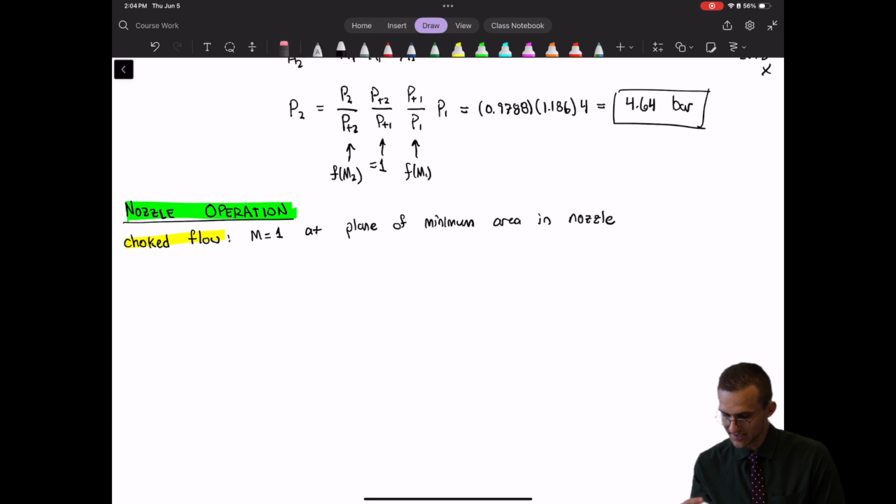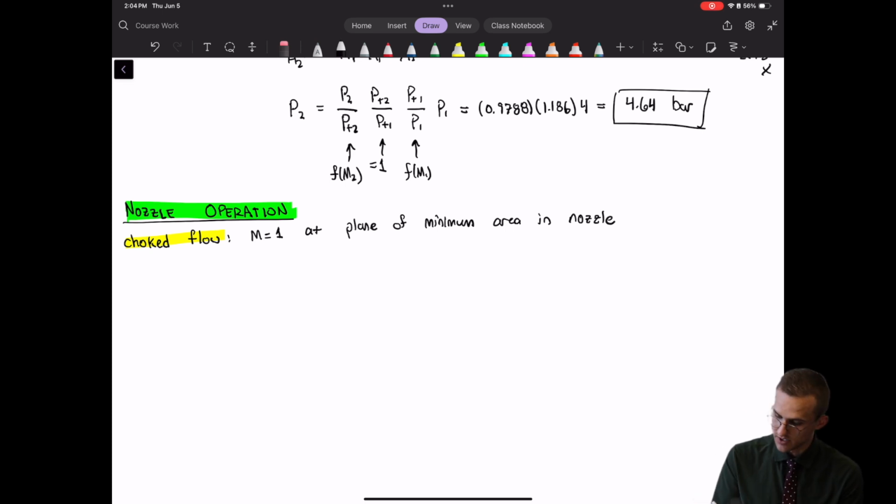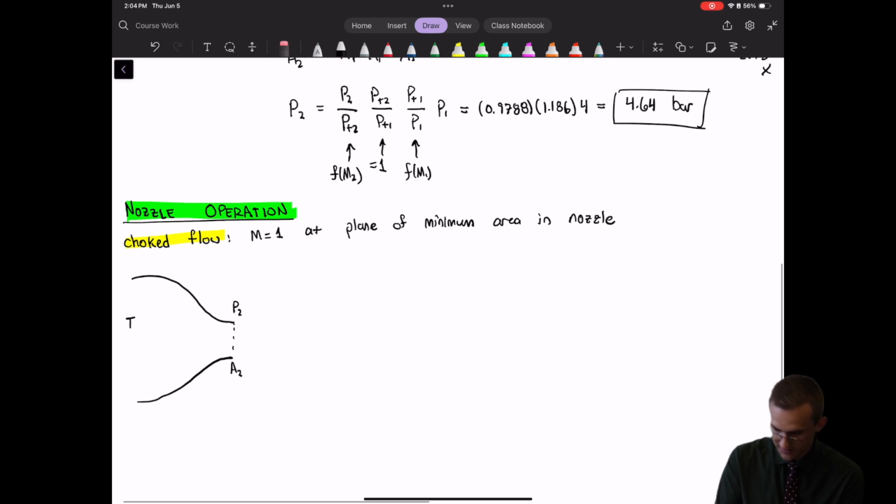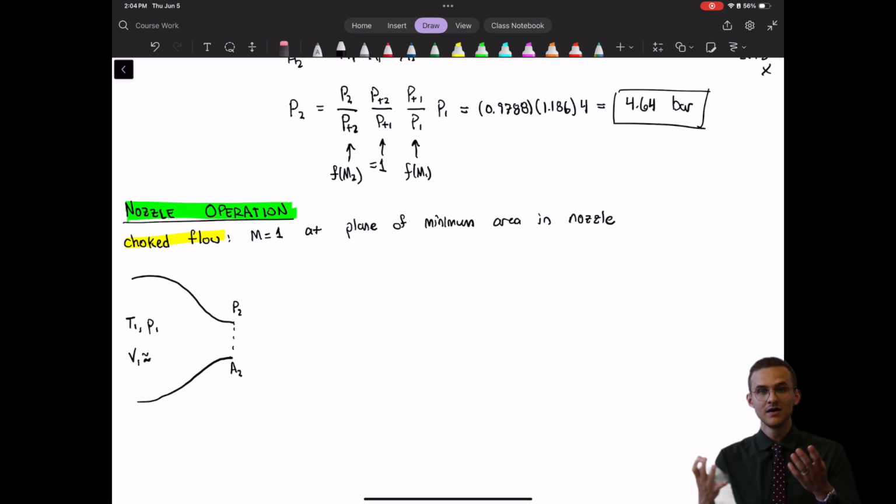Let's recall our discussion about that. What we're going to do is derive the pressure ratio that gives rise to choked flow. Let's draw a converging duct here, and then we'll have state 2 over here where we have P2 and an area A2. Then we have upstream T1, P1, static pressure and temperature. We're going to say that the upstream is quiescent, meaning it's just a big tank full of some kind of gas that's not moving.